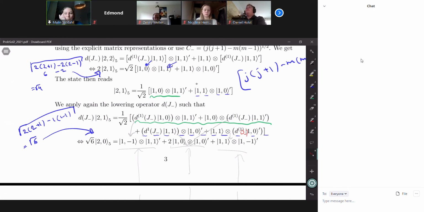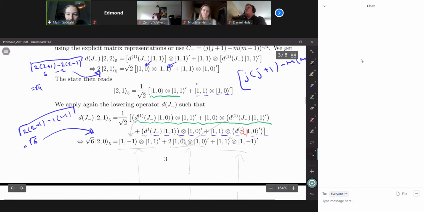One way of doing this is to do what I'm doing here, and that is to see what I get when I act with j minus. Here I act with j minus, and I get this 0 going to minus 1 here. Here I act with j minus on the second state, so this state stands, and this 1 here goes to 0 there.